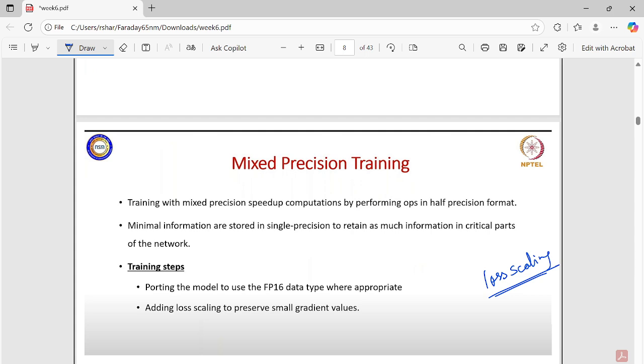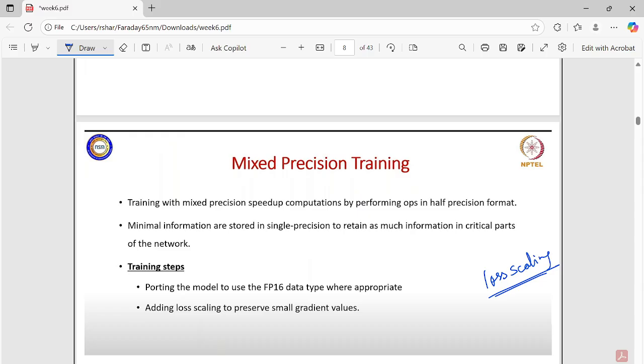This causes training to fail because the model never learns from those tiny gradients. So what does loss scaling do? It multiplies the loss value by a large constant factor called the scale factor before backpropagation. This makes the gradients large and prevents underflow in float 16.